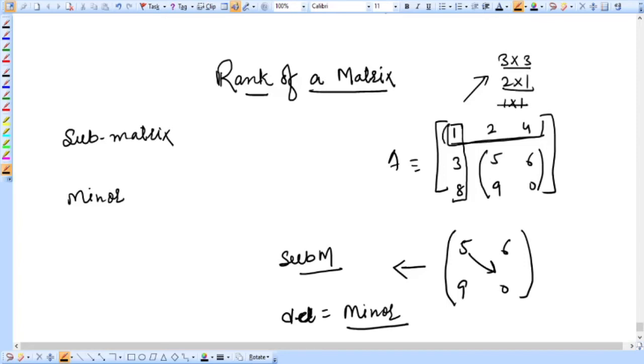Like if you take these elements separately, 1 or 2, it is also a submatrix of A of order 1 by 1, and the minor of this is 2 only, right? So this is what we call submatrix and minor.